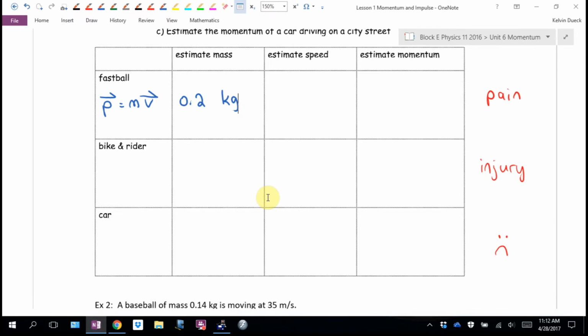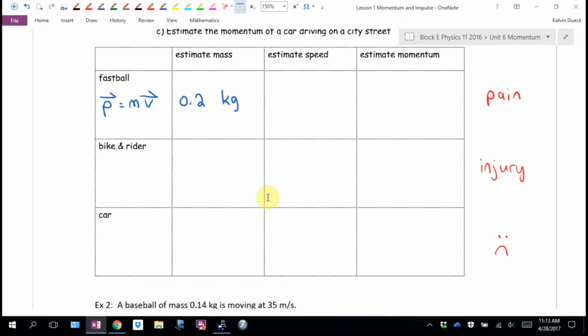Speed. I think it says top pitcher. I've watched American baseball on TV. Now we'll have to use miles per hour because that's the units they give us on American TV. What does the top major league pitcher peak out at? It's a nice round number. 100 miles an hour. I need that in meters per second.